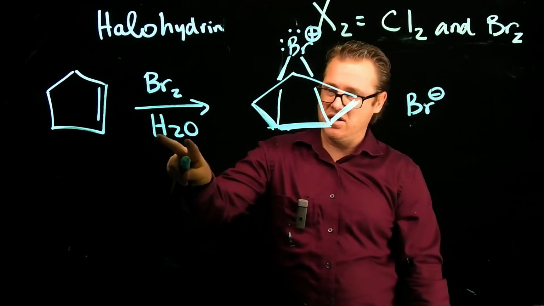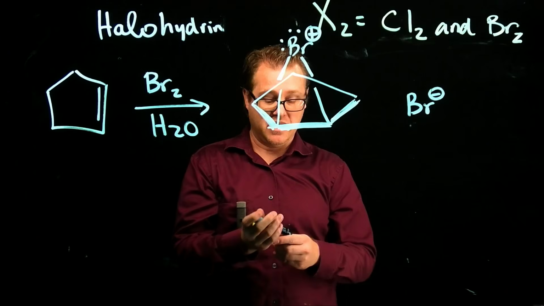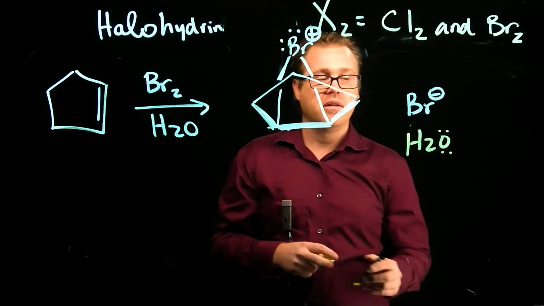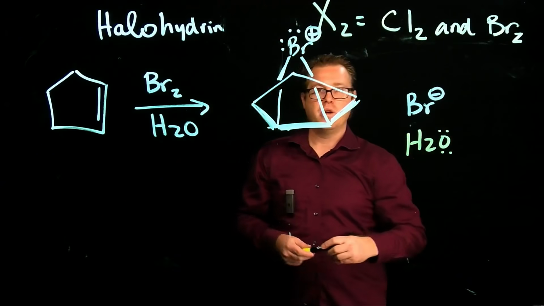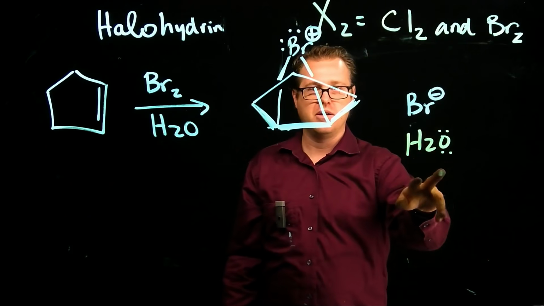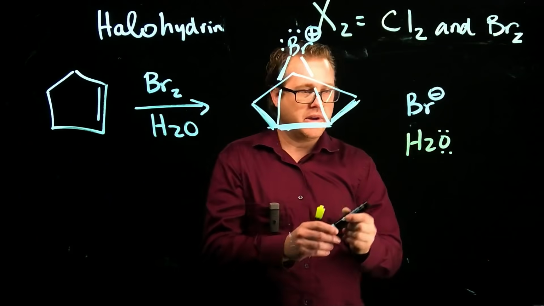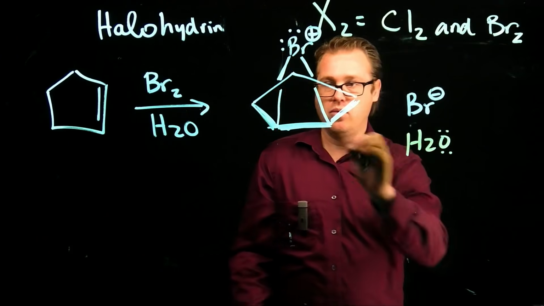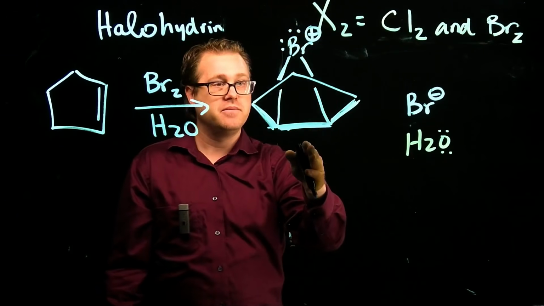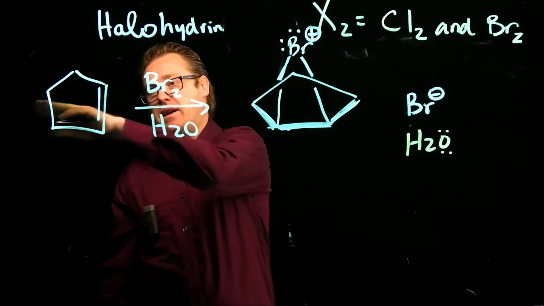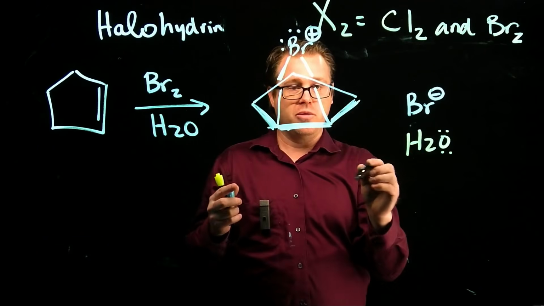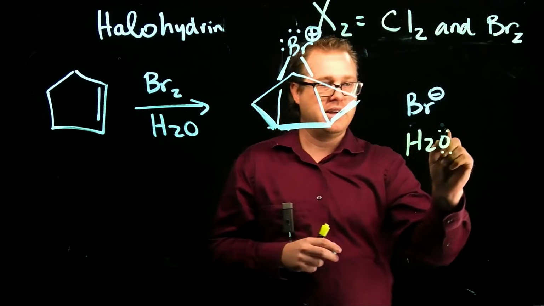But in comparison, the water is the solvent in this case. So when you compare these two nucleophiles, which one's more abundant? The water. Just so much water. So the water is going to come in and attack one of these carbons. And because this molecule is symmetrical, and we have an alkene that's symmetrical, there's no preference for which carbon to attack.